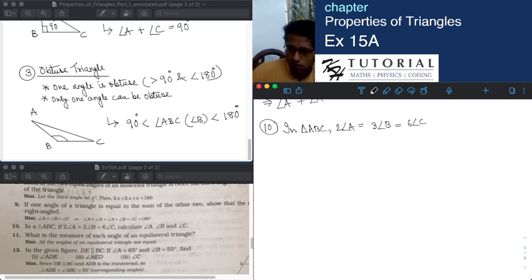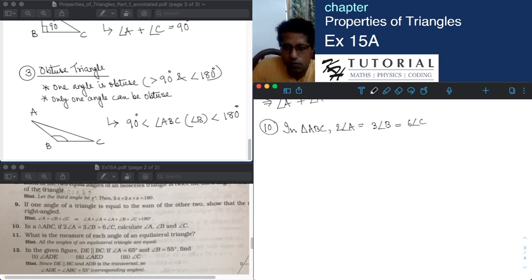When these kinds of relations are given, we can clearly find the ratio between the angles A, B and C.